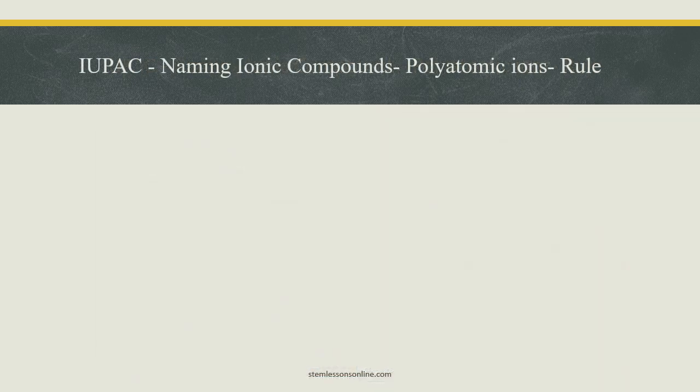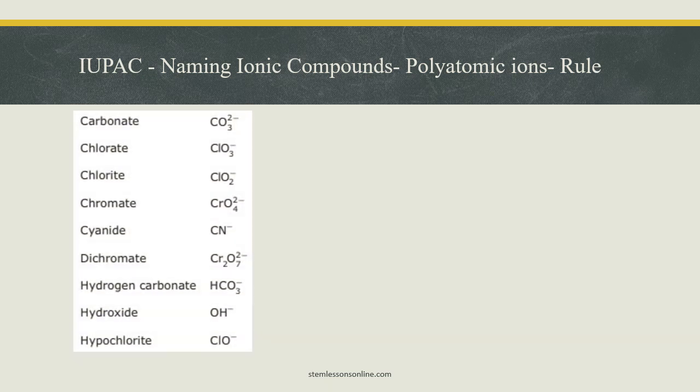So coming back to my question, what is a polyatomic ion and how can you name compounds containing polyatomic ions? A polyatomic ion contains more than one atom. Okay, so in the first case you can see carbon and oxygen here.